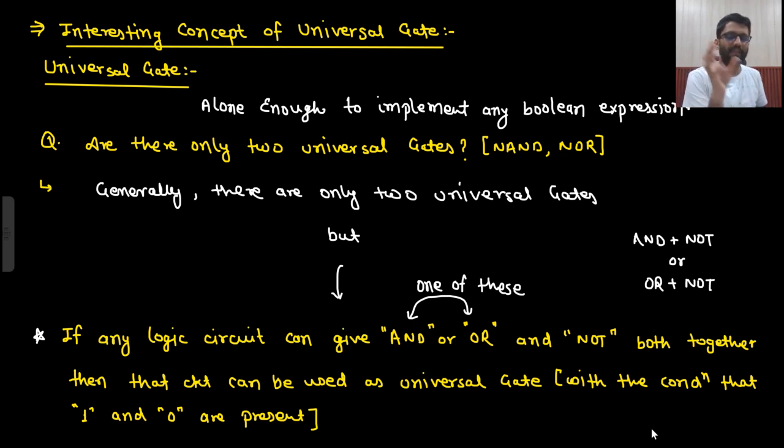So if any logic circuit can give you AND and NOT both together, or OR and NOT, then the circuit can be used as a universal gate with the condition that 1 and 0 are present. Basically, high voltage and low voltage should be present. You might not be able to understand this. Let's understand with an example.